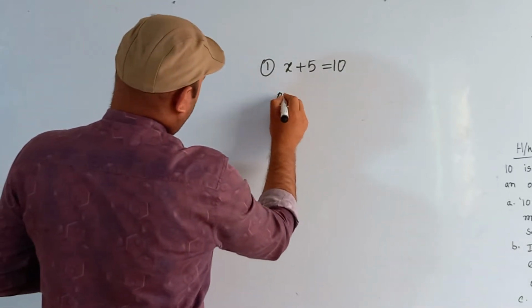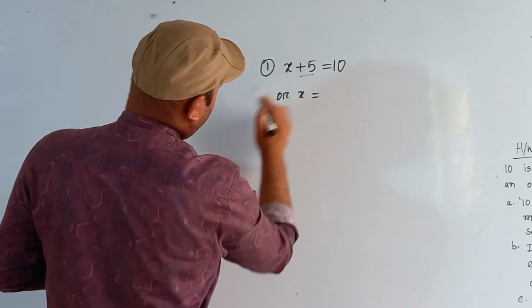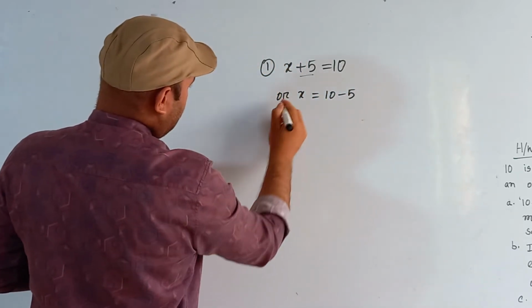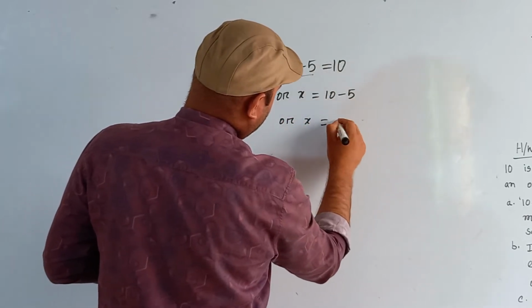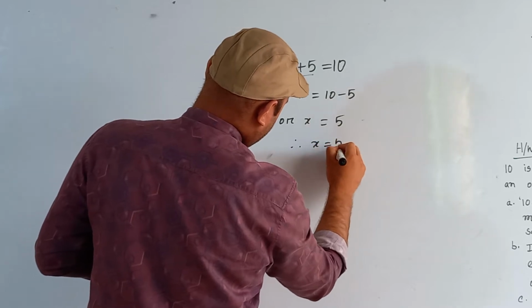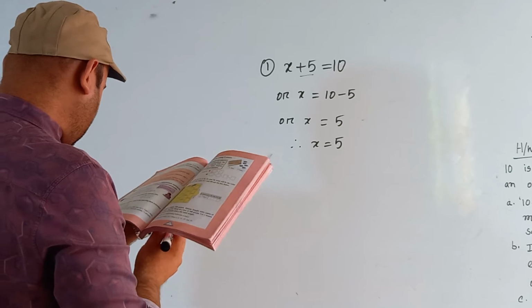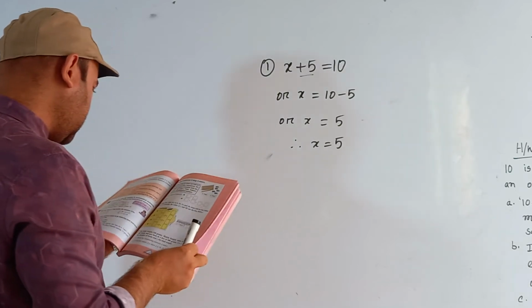So, x is equal to, look here, here is 5 with a plus sign, it will be a minus sign. Or x equal to 10 minus 5, it will be 5. Therefore, the value of x will be 5. So, my dear students, hope you understood how to determine the value of x.